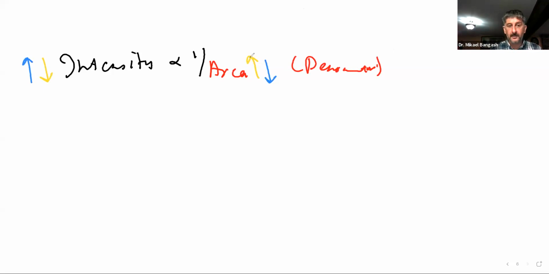But to establish this relationship, what is it that we have to do? We have to keep power constant, because power is going to have its own effect on the intensity.